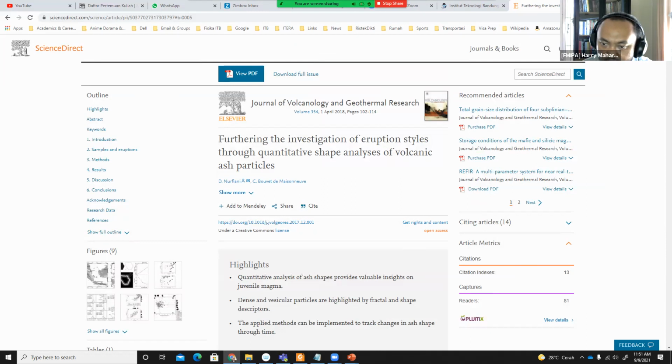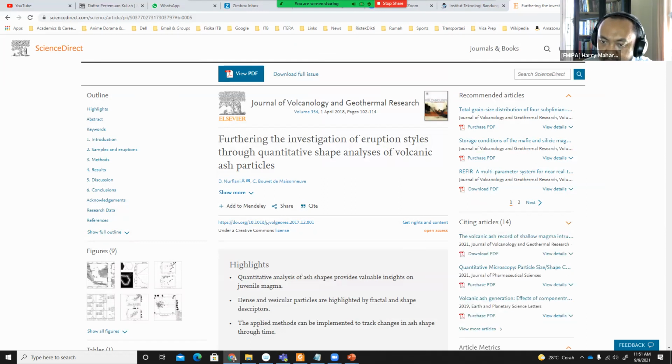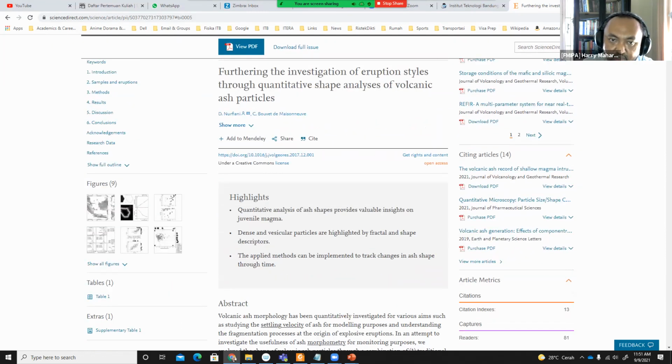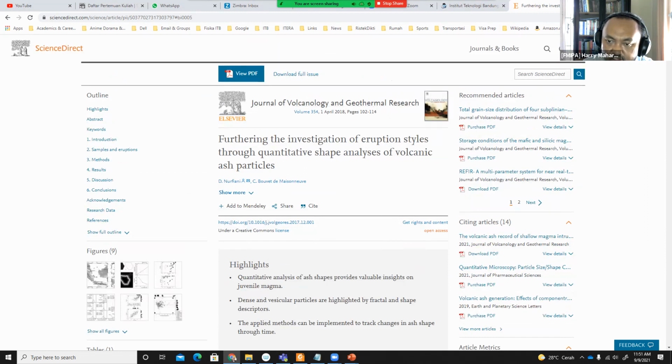So for that, for example, article metrics, citing article. Okay, so this paper has already been taken as reference for this paper. So from this more recent paper, we could see the latest development on this certain topic of interest.